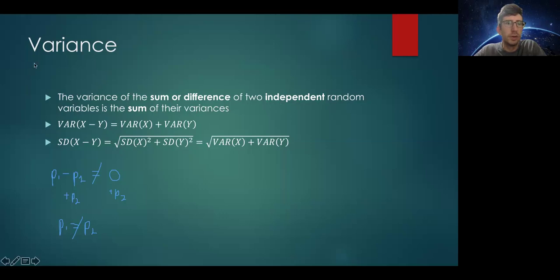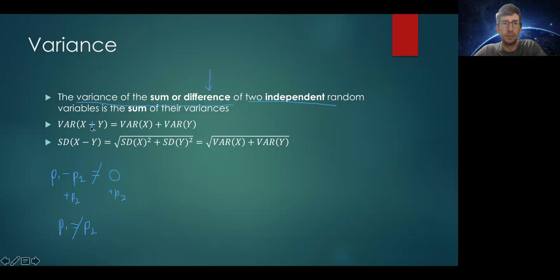So what is this saying? It's saying the variance of the sum or difference of two independent random variables. So here we have the variance of the difference, right? X minus Y. But this is saying that the variance of X plus or minus Y, basically, right?